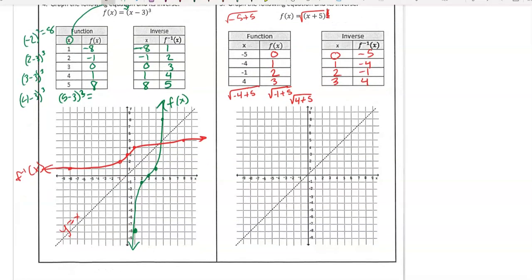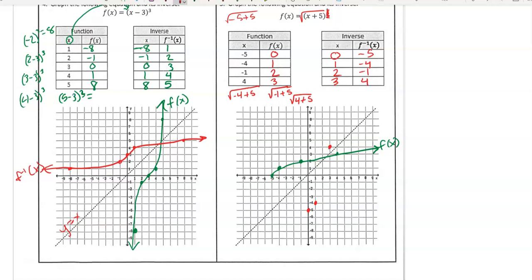All right, so let's go ahead and plot the original, which I'll do in green just to keep it consistent. -5, 0, -4, 1, -1, 2, 4, 3. Here's our original graph. Label it. And the new graph, 0, -5, 1, -4, 3, 4.